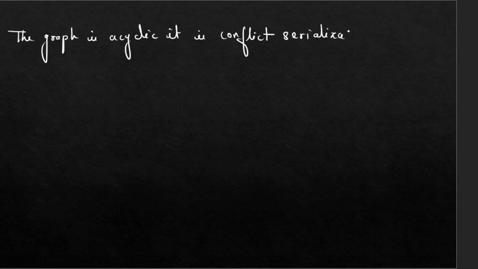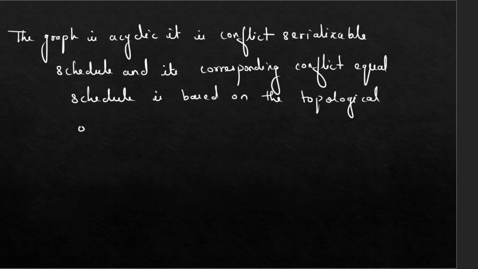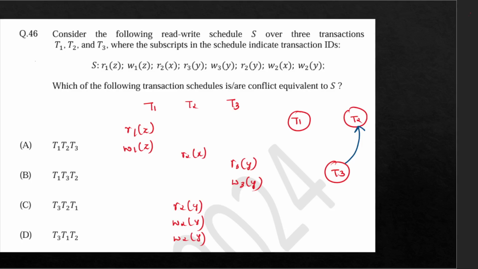If the graph is acyclic, it is a conflict serializable schedule, and its corresponding conflict equivalent schedule is based on the topological order of the graph. Okay, for the graph. So what are the topological orders?